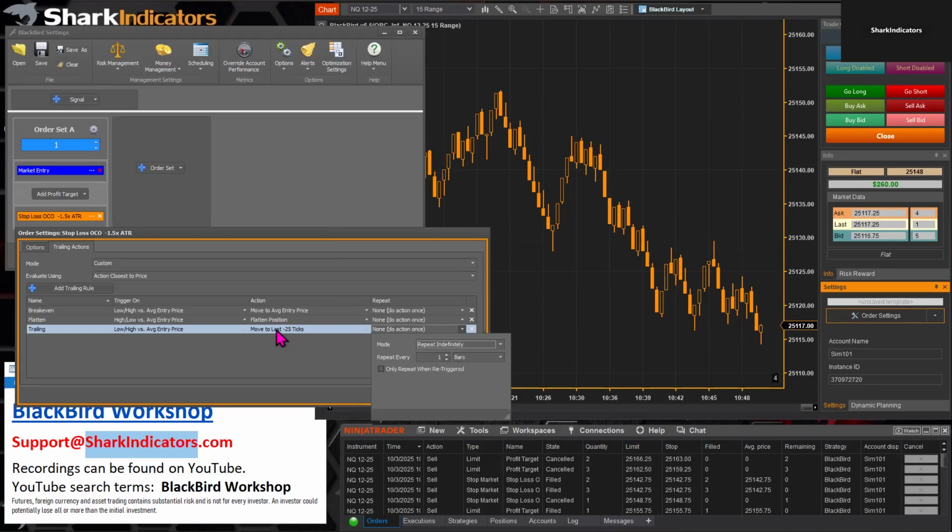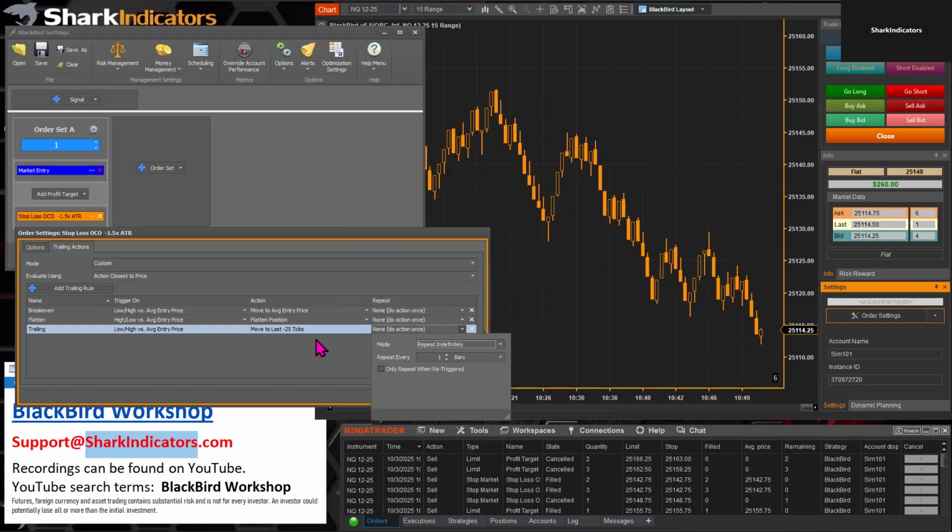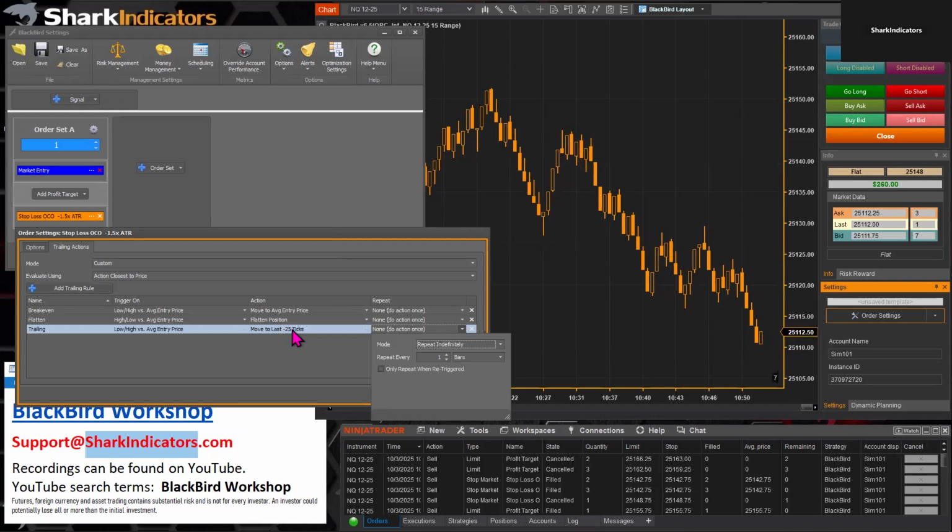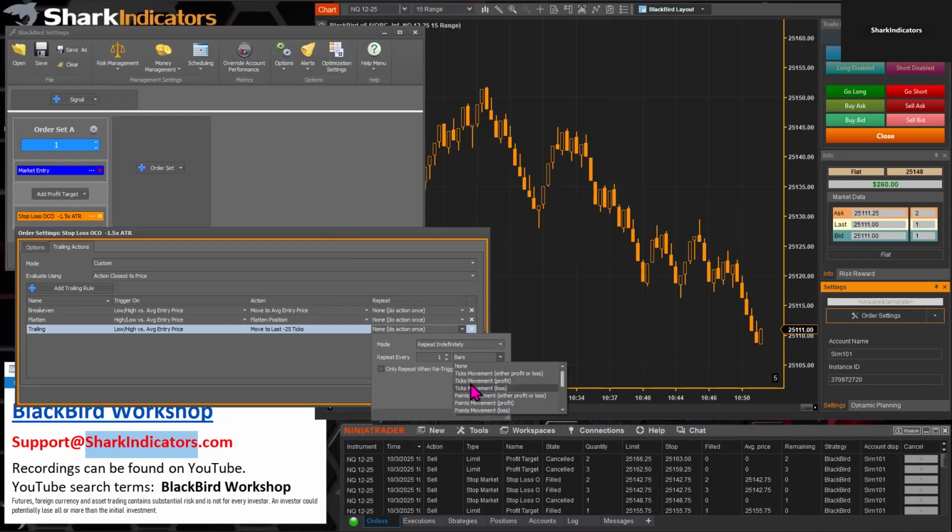Since what I actually built is a 25 tick trailing rule here, most traders would want that to be on a tick by tick basis, but again, who knows, maybe you only want it to update when the bar closes. But if you want it on a tick by tick, then we'll just adjust this to ticks of movement. So we can update it every one tick of market movement there.